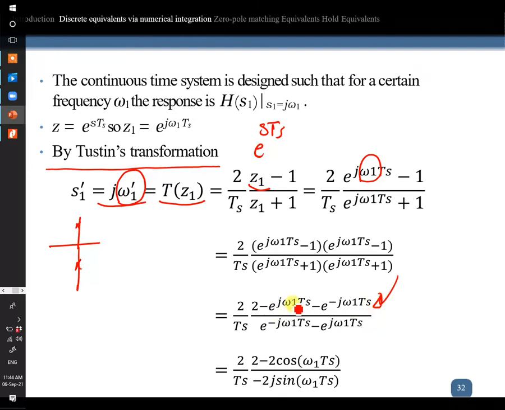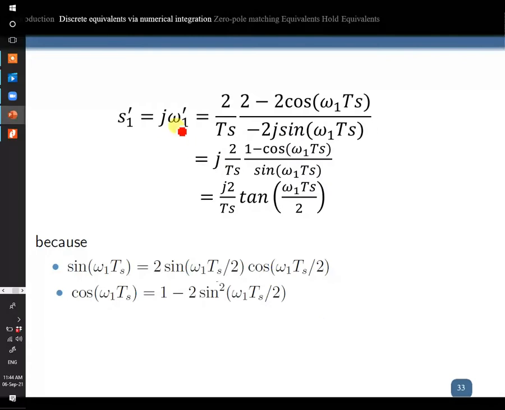e^(j omega 1 Ts) minus e^(minus j omega 1 Ts), if you remember, becomes 2 cosine omega 1 Ts, and here it becomes 2j sine omega 1 Ts. Omega prime 1 is equal to (2/Ts) times (2 minus 2 cosine omega 1 Ts) with the sine omega 1 Ts, which I expanded here, and the cosine omega Ts, which I expanded here.